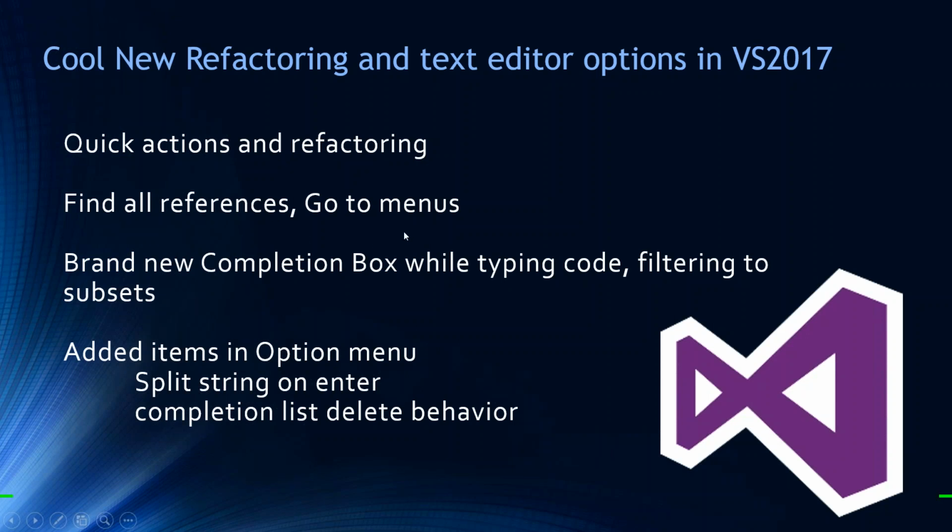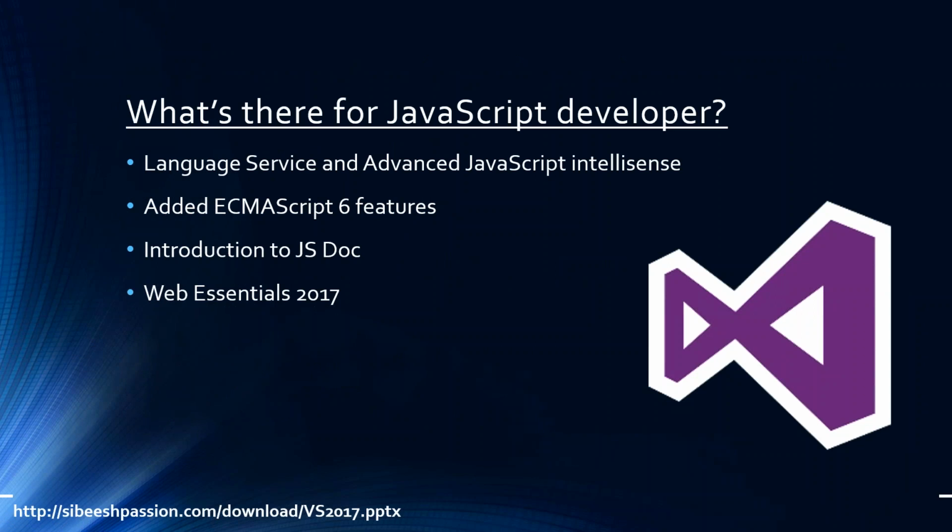I'm not going to read every line. We'll cover these actions. And what's there for a JavaScript developer? Like added ECMAScript features, introduction to JSDoc, and Web Essentials 2017, and all this will be covered in a demo session. So you don't need to worry about that.